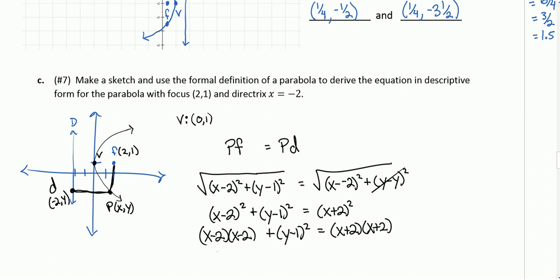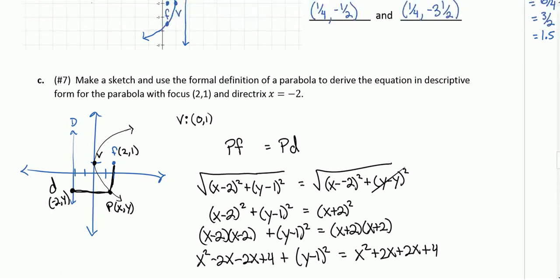And when we multiply things out, we end up with x squared minus 2x plus 4 plus y minus 1 squared is equal to x squared plus 2x plus 2x plus 4.